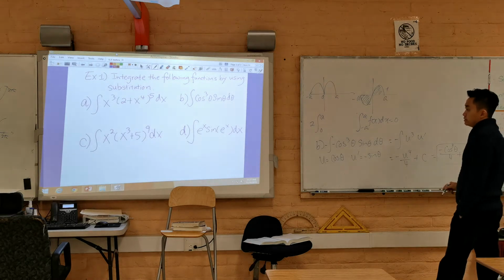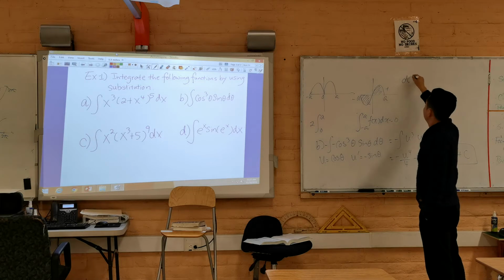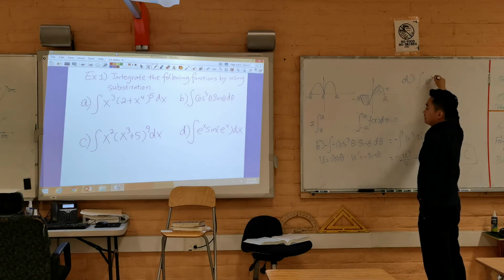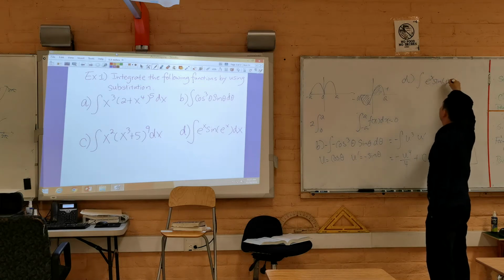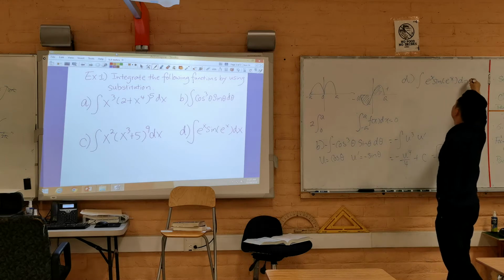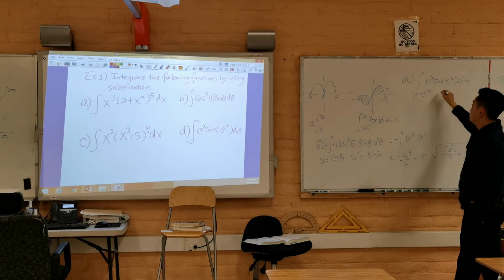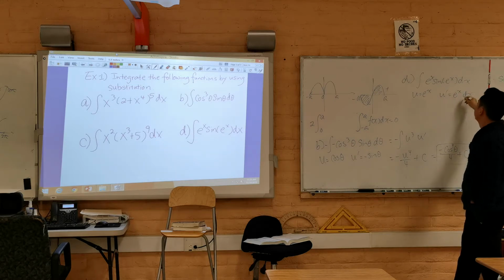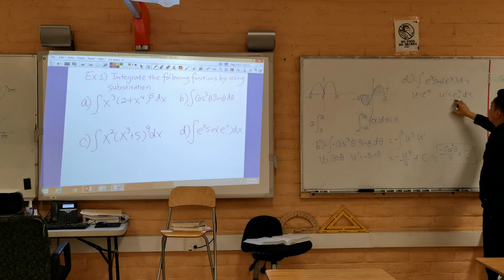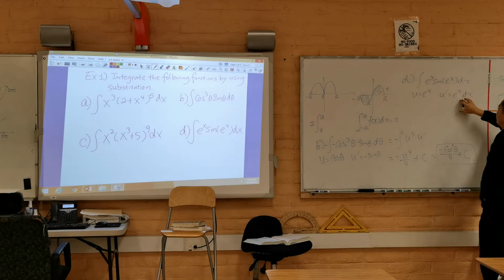And now let's try something else, so let's do d. The integral of e to the power of x, sine of e to the power of x, dx. So for u, we're using e to the power of x. That means u prime is e to the power of x, dx. So compare and contrast, e to the power of x, dx, that's the whole thing for u prime.